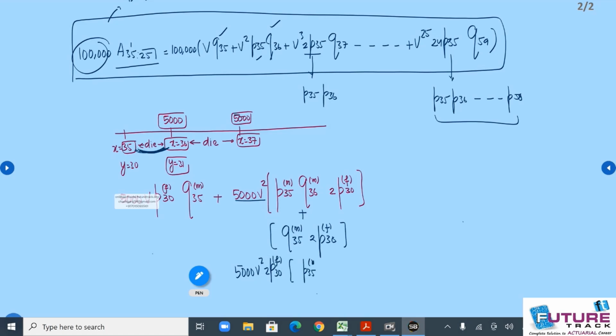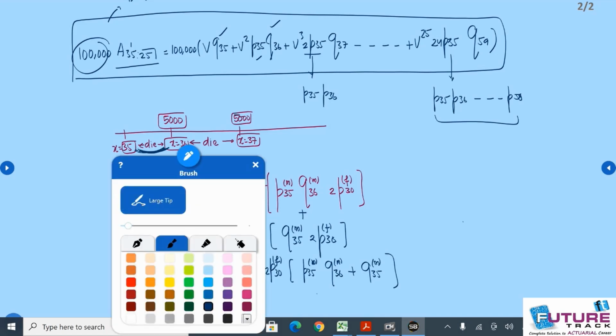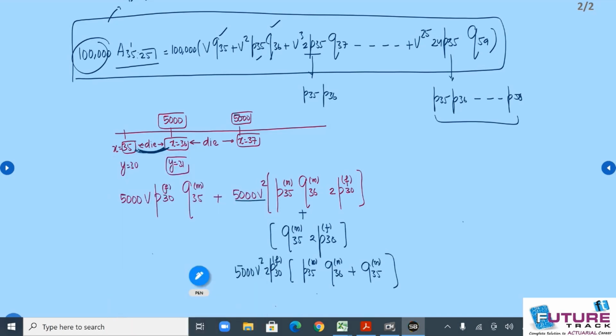One is this, that either the male dies in the second year or the male dies within the first year, right? So class, this scenario can be written as 2Q35 male, and we can find this value by 1 minus 2P35 male.